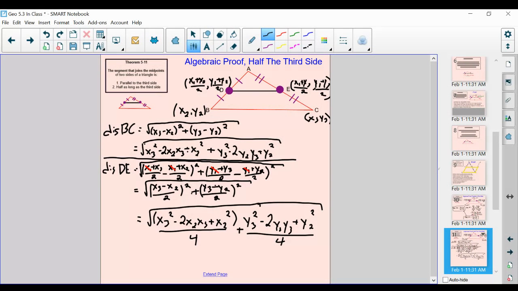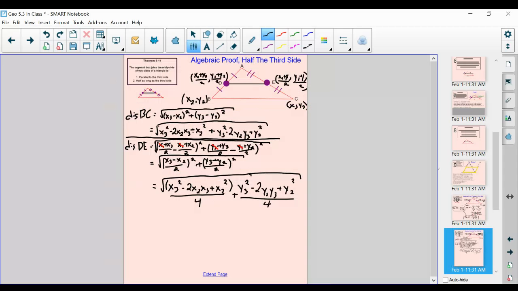Well, we can combine these two fractions underneath our radical. So we get x sub 3 squared minus 2 x sub 2 x sub 3 plus x sub 2 squared plus y sub 3 squared minus 2 y sub 2 y sub 3 plus y sub 2 squared, all over 4.